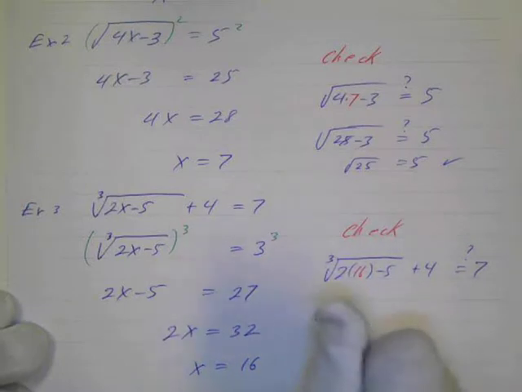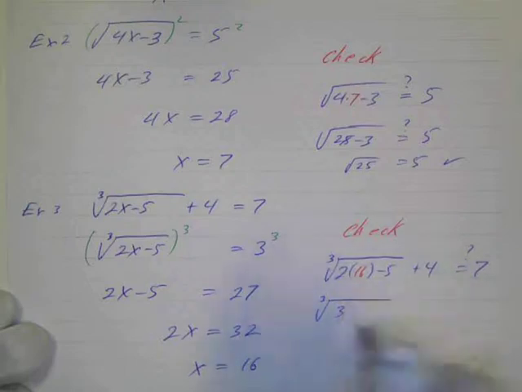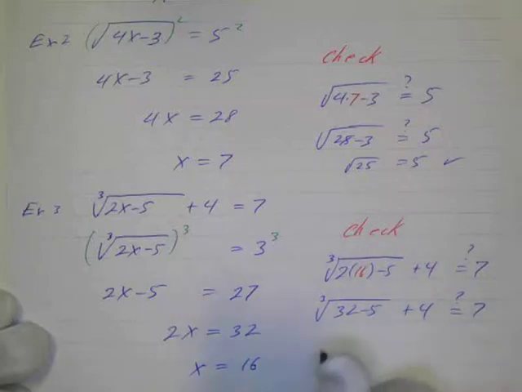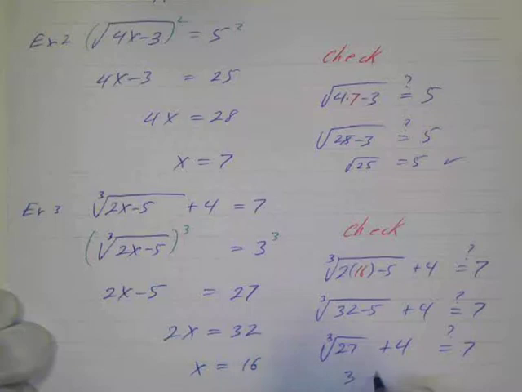So I've got the cube root, and 2 times 16 is 32, minus 5, plus 4. Does that equal 7? Well, what's 32 minus 5? That's 27. So that's the cube root of 27 plus 4. What's the cube root of 27? That's 3. Does 3 plus 4 equal 7? Yes, it does. So there's my check.